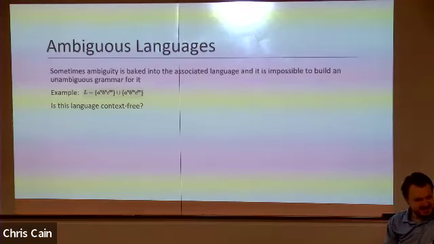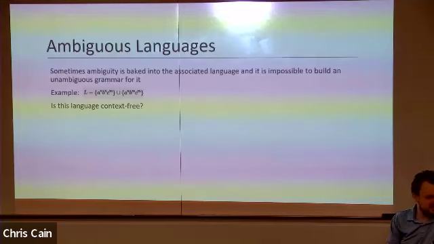One person says yes. Who thinks the answer is no? This language is not context-free and a grammar does not exist for it. I love it. So we have one person for, one person against. And I guess potentially one or two abstentions.